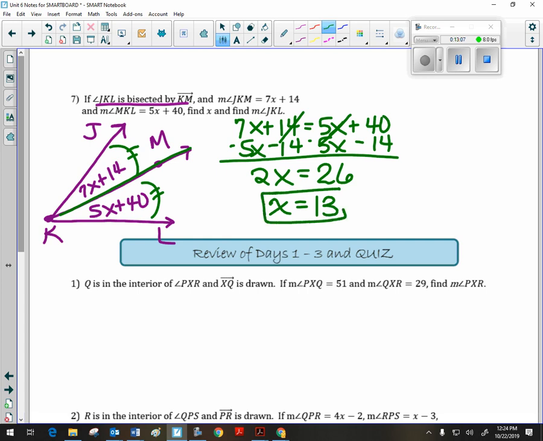Please be careful, because in this question, not only did they ask for x, but they also asked for the measure of angle JKL. Just as a note, that is the whole angle, which will be equal to whatever we get when we take that 13 and substitute it back in. So if I put a 13 in right here, that's 65 plus 40, which is 105.